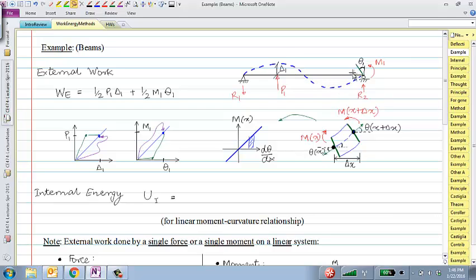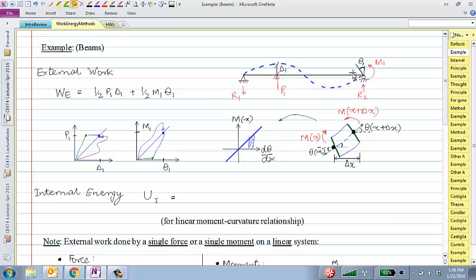The beam, at least in this case, does not have any axial forces within itself, and we are neglecting the shear deformations. So the only way that a beam can store energy within itself is bending energy. When I leave it, it comes back straight. So bending energy is the only way that this beam can store energy.